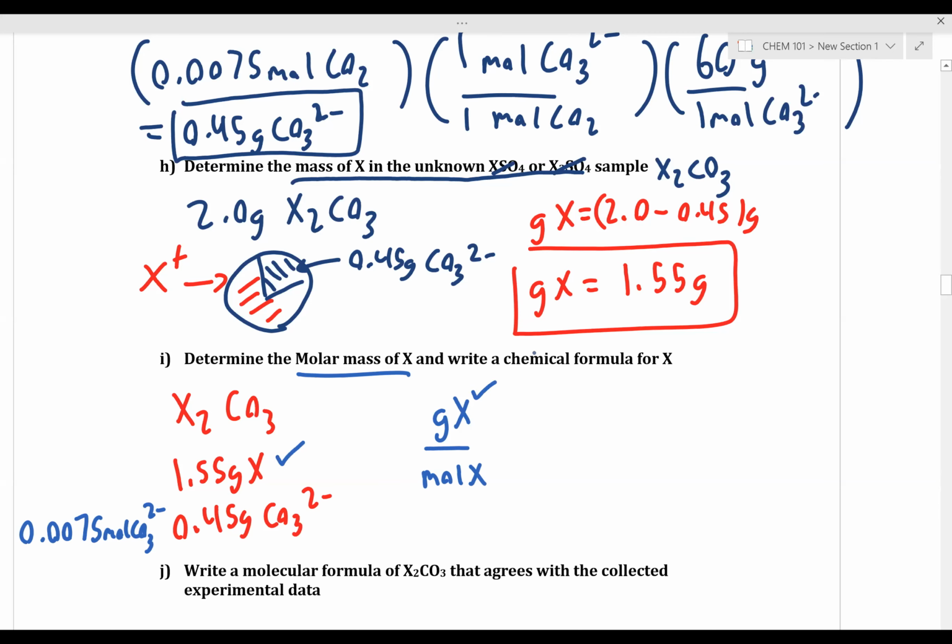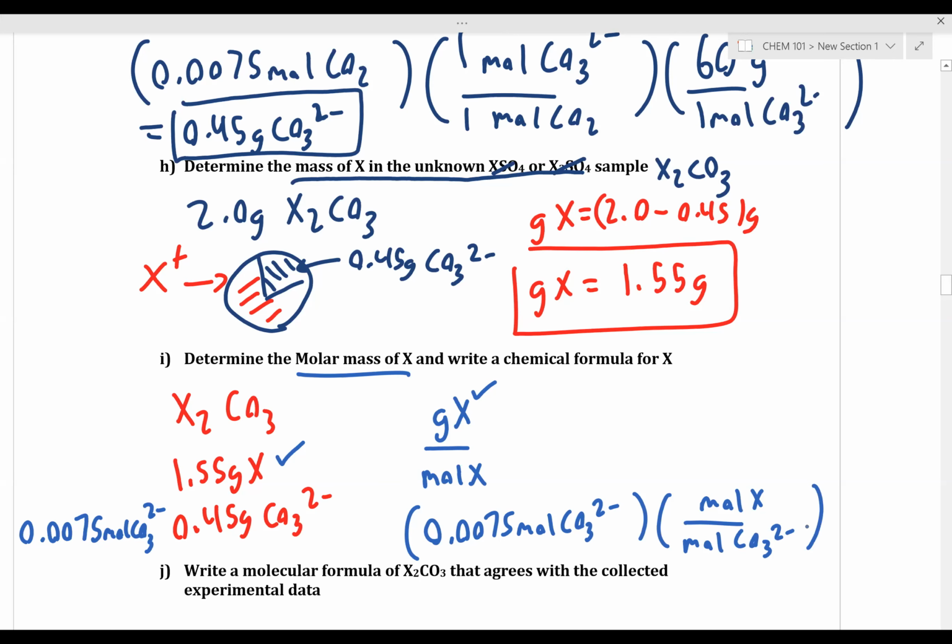Can we figure out the moles of X given the formula? Yes. All we have to do is take 0.0075 moles of carbonate. And my question to all of you is, how many moles of X are present per mole of carbonate? What is our mole to mole ratio? If it's X2CO3, how many moles of X do we have? 2. Because we have 2 moles of X per 1 mole of carbonate.